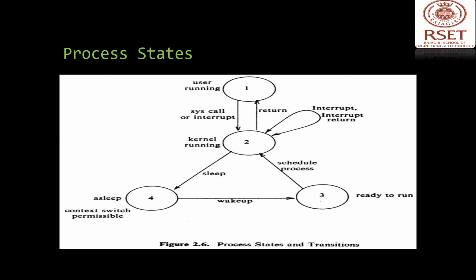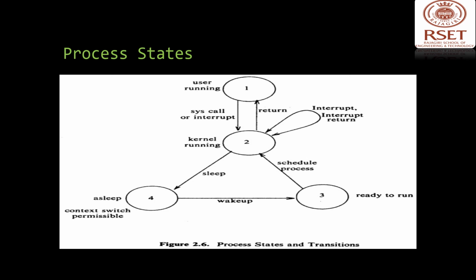In state three, the process is not executing, but it is ready to run as soon as the scheduler chooses it. Many processes may be in this state, and the scheduling algorithm determines which one will be executed next. Now the fourth state denotes the process which is sleeping.